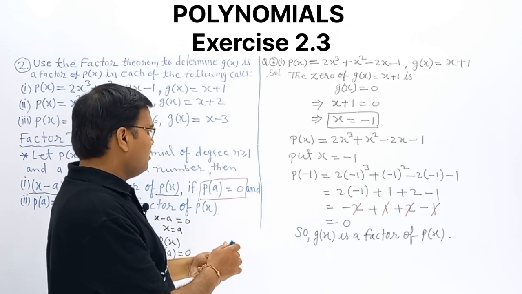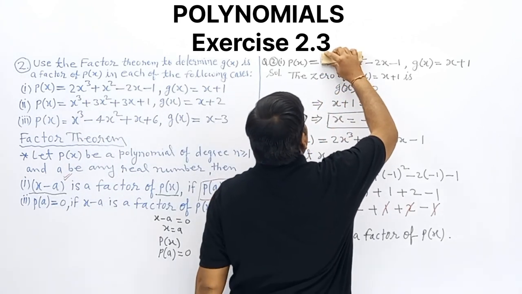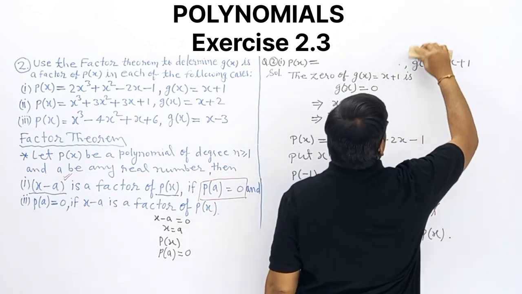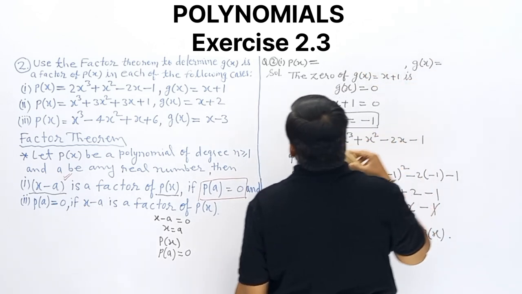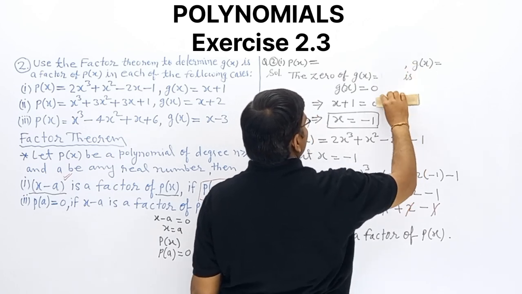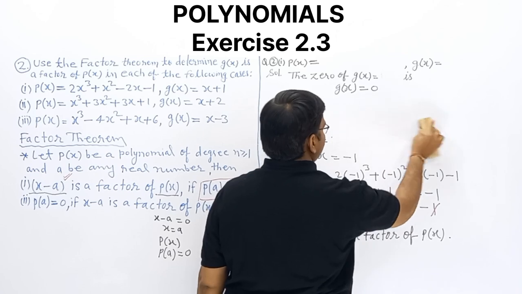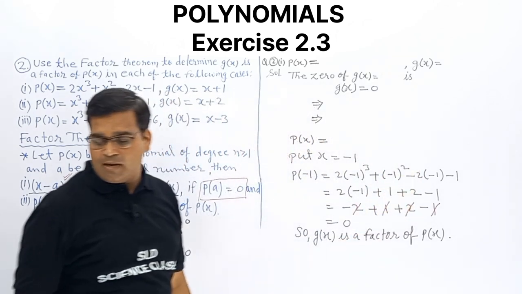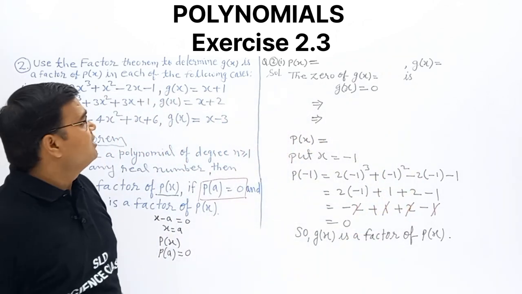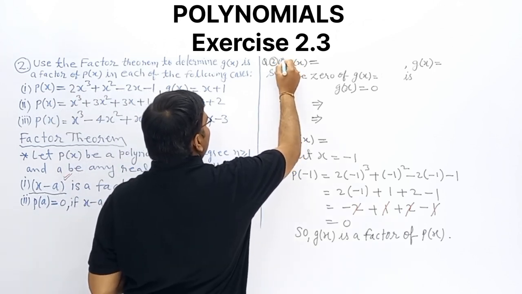What about the next one? Observe carefully. The next polynomial I am writing at the place of p of x and g of x. Then we will solve. Now the second one, I am taking question number two.